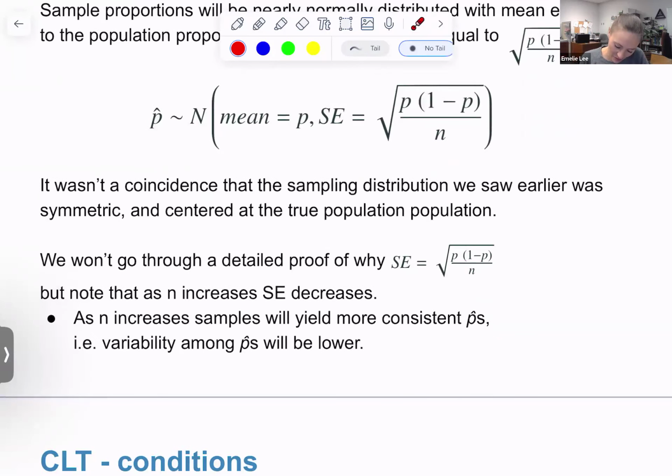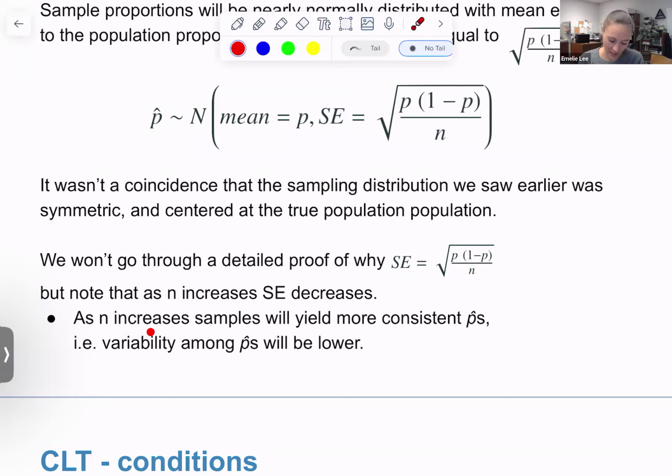Okay. And so what happens is that if we look at, okay, so I've got this population proportion p, and then 1 minus p just relies on p, right? So nothing's changed there. And so the only way that I can decrease the spread, right, increase my precision, is to increase n, okay?